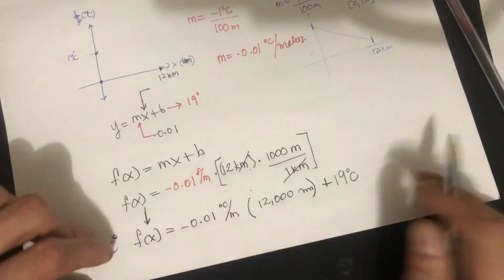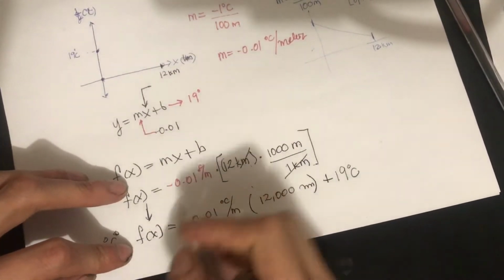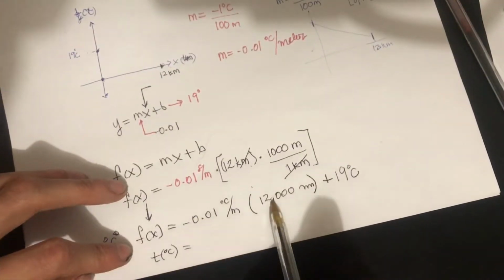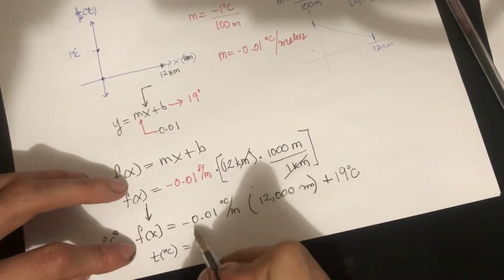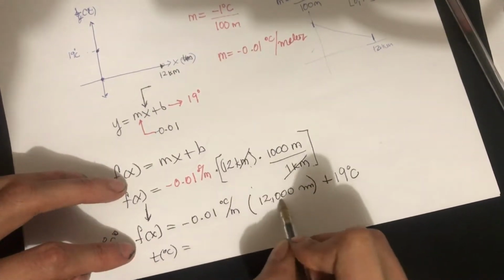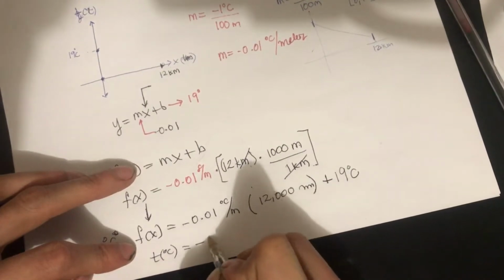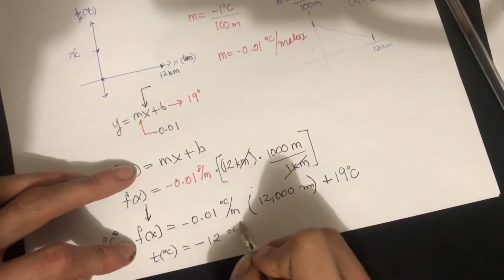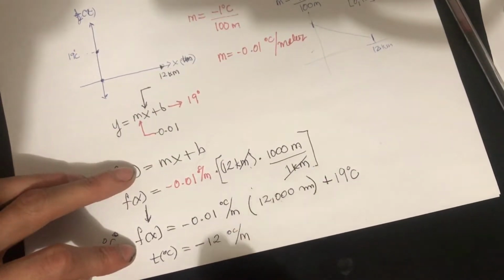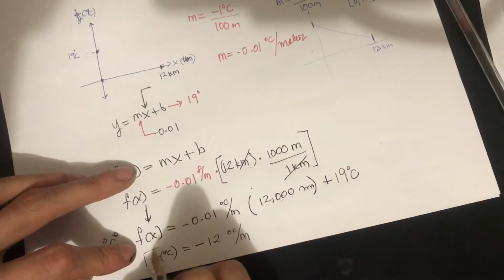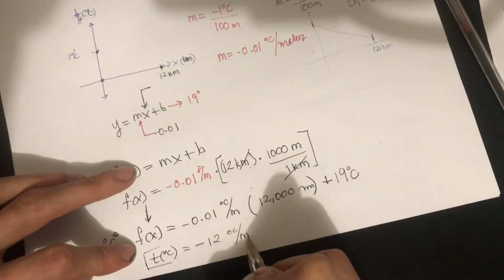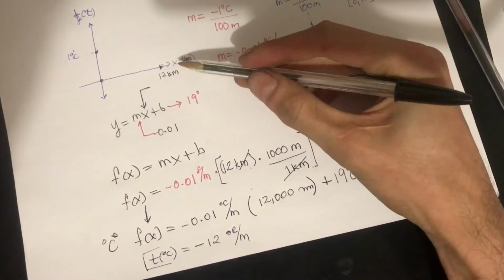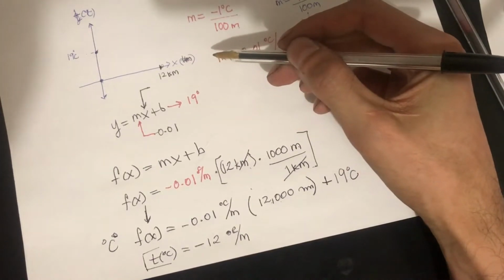I just convert, and I get the temperature in degrees Celsius at 12,000 meters: 0.01 times this, which gives me a value of 12 per meter. So that is my temperature at 12 kilometers or 12,000 meters.